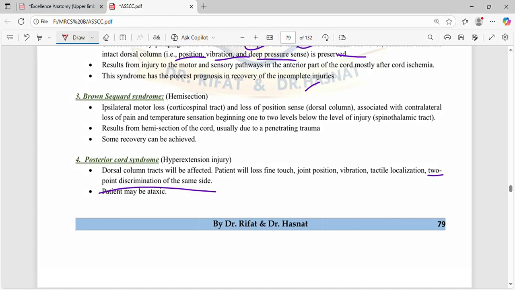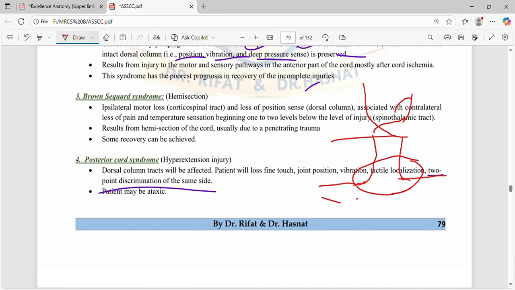Let's suppose they enter the spinal cord at this level, then they go on the same side for a few levels and then they decussate to the opposite side. So if injury occurs here, the effects will be 2-3 levels below, but on the opposite side.